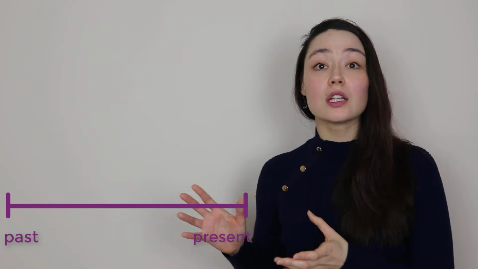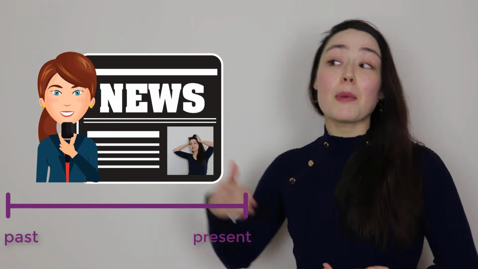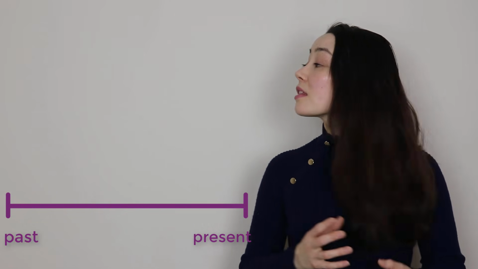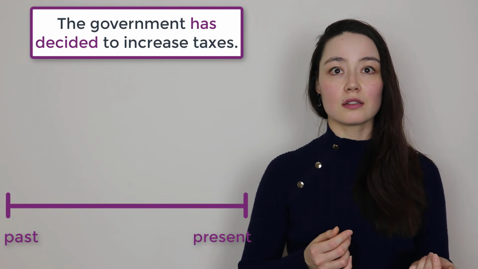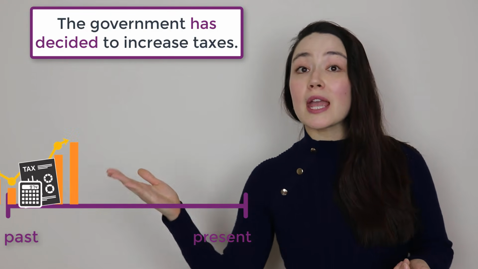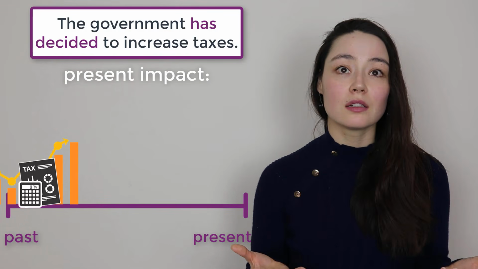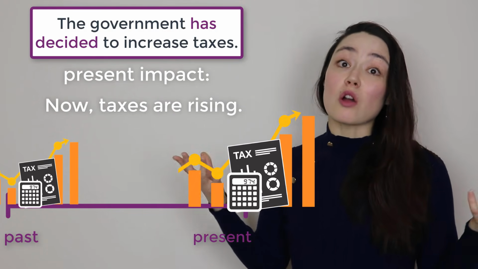We see this grammar a lot in the news. Why? Because past actions have present impacts. The government has decided to increase taxes. The decision was made in the past. Now, what's the present impact? Now taxes are rising.